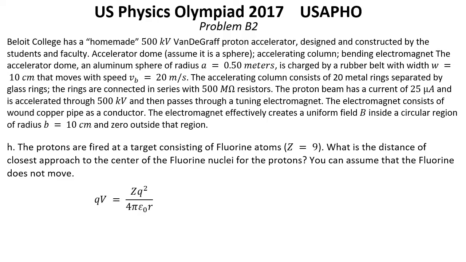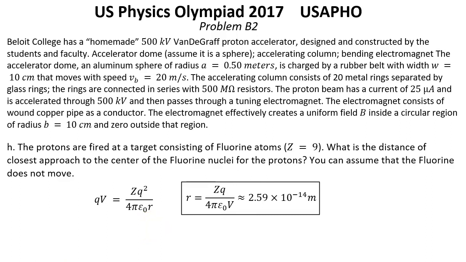Conservation of energy for this process will give us that the total kinetic energy of the proton, which is QV, equals the energy of interaction between the proton and the target atom, which is ZQ²/(4πε₀R). And from here we can find the closest approach R. That will be approximately 2.59×10⁻¹⁴ meters. That's the answer for the last question, H.